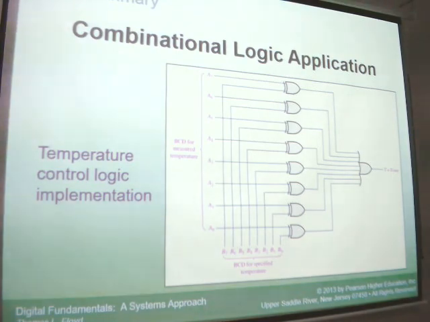The BCD for measured temperature is A7 to A0, and the BCD for specified temperature is B7 to B0. They go into the XOR gates, and then the outputs of the 8 gates are ORed.